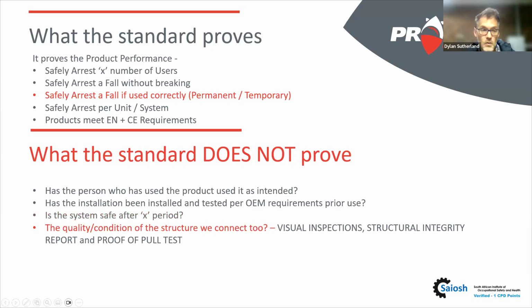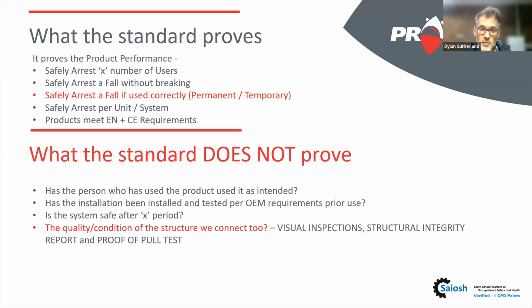And then we get onto the quality conditions of the structure. This is really, really important, that we can't consider every single structure the same. An RBR sheet, R-beam in Joburg exposed to the elements versus an R-beam in Cape Town exposed to the elements are two different situations.